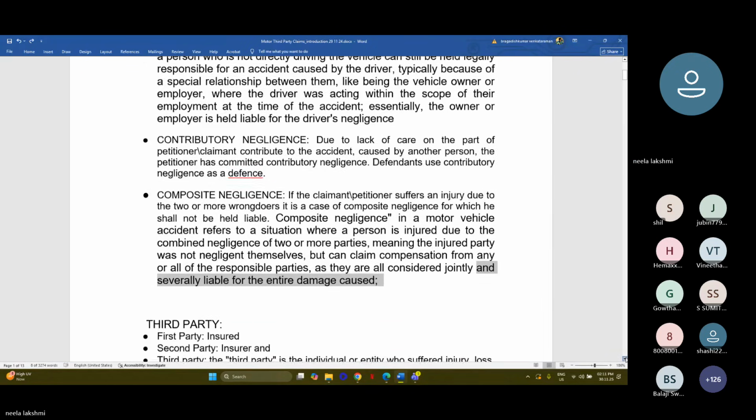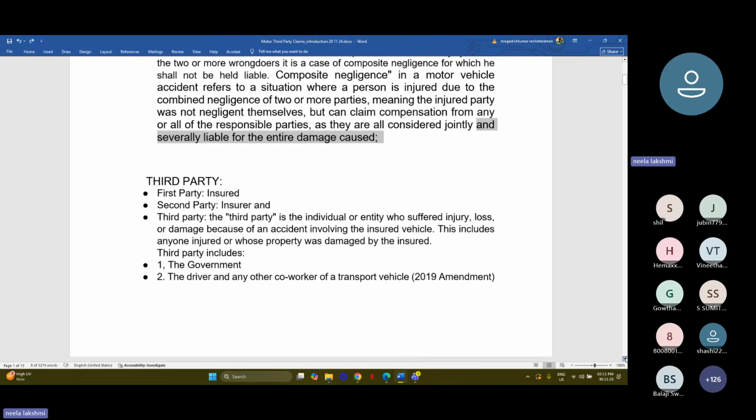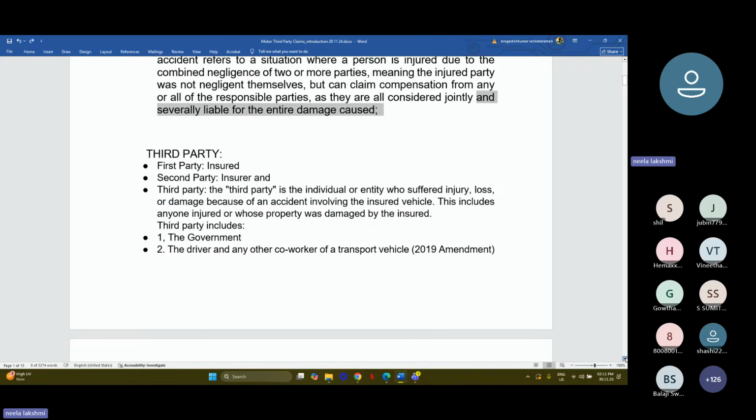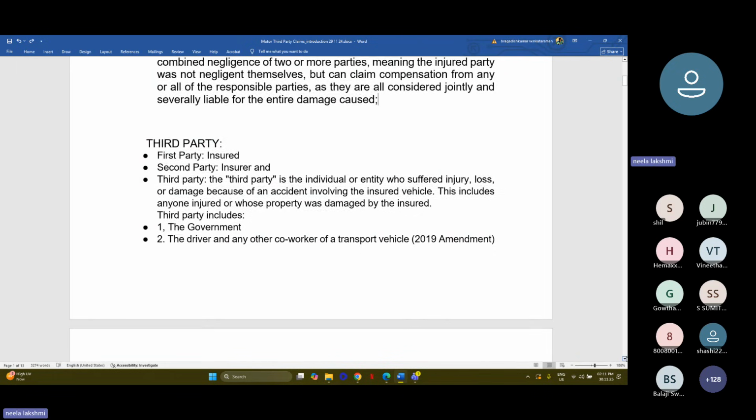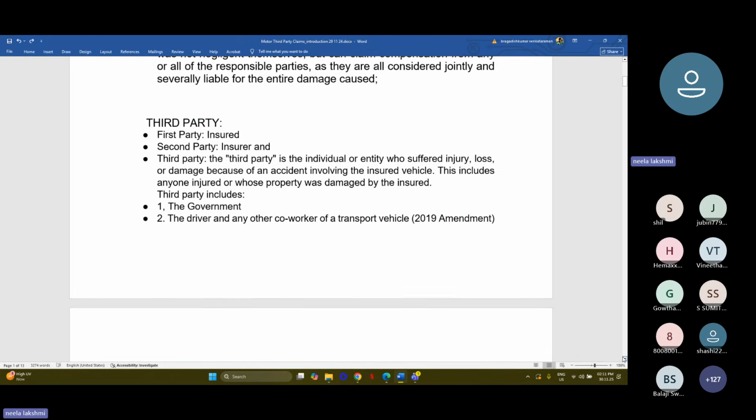Okay. Next, come to the point of who is a third party. All of you must be knowing that the first party is the insured. The second party is the insurer, ourselves. The third party is the individual or entity who suffers injury, loss, or damage because of an accident.